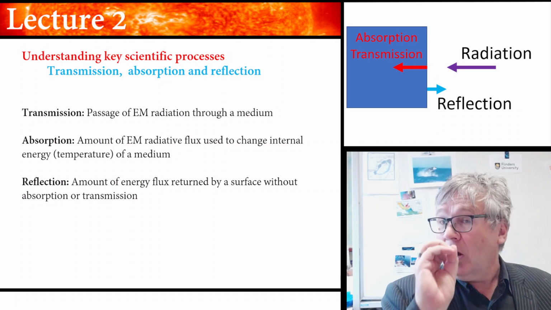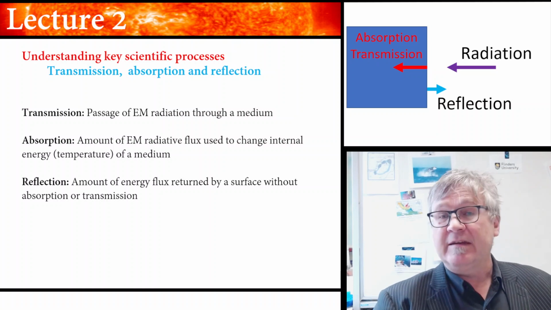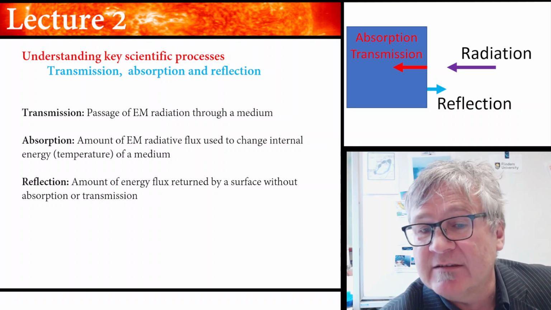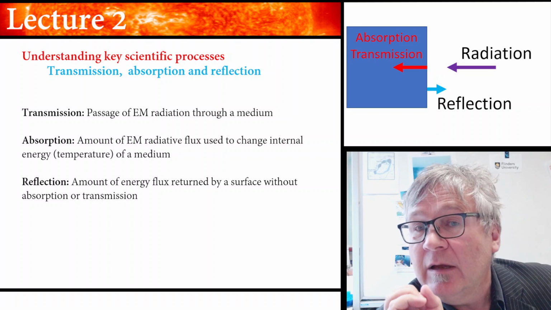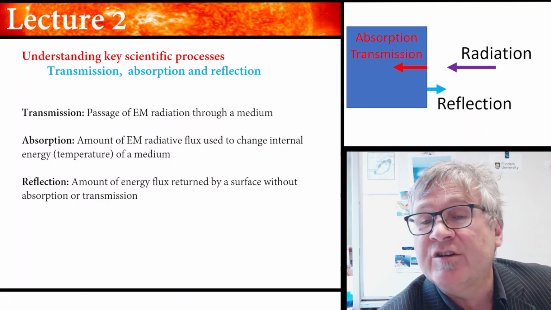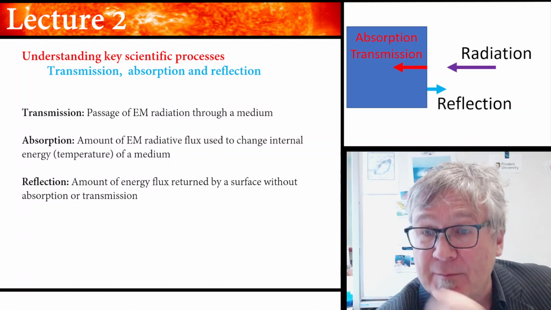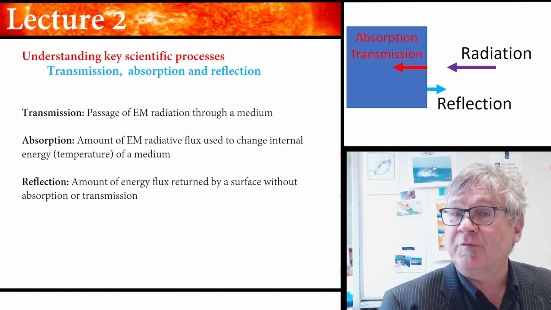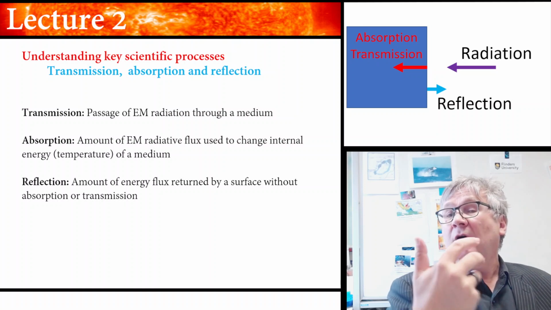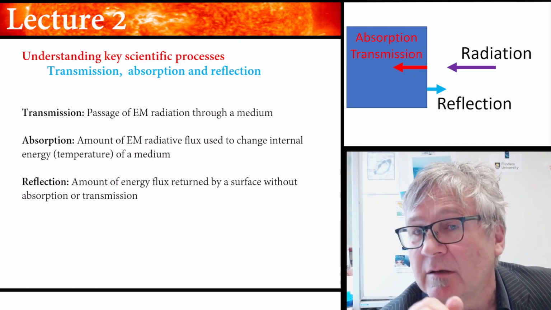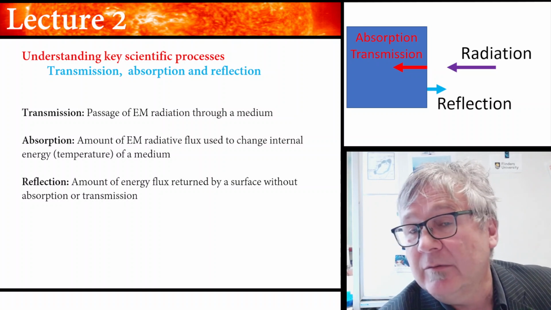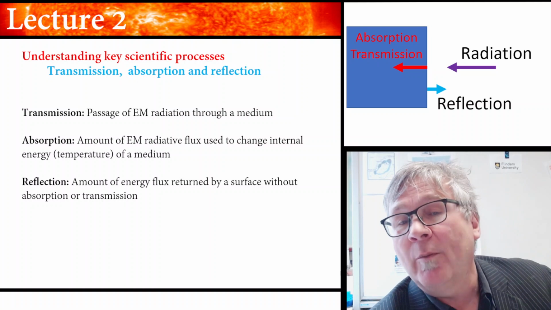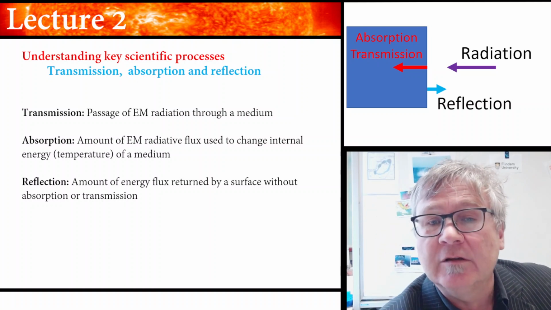Absorption, however, is now the amount of energy. It's actually an energy flux. You'll learn later what a flux is. That is actually converted into internal energy through changing of the temperature of the medium. So the absorption, for example, of a heat flux can trigger warming of surface layers of the ocean, warming of the top layers of soil.